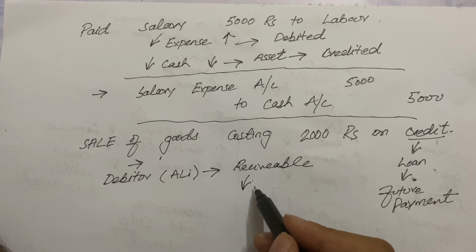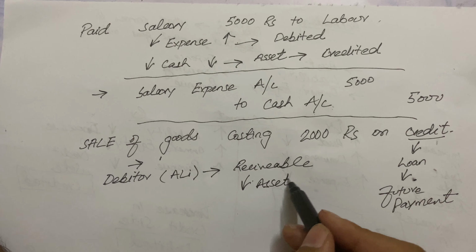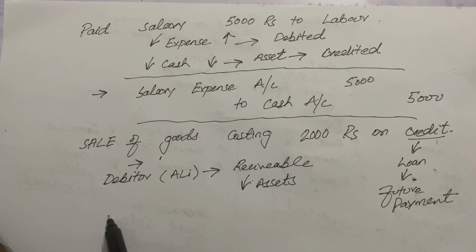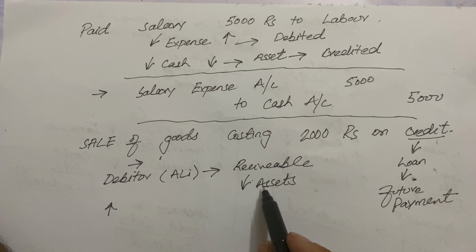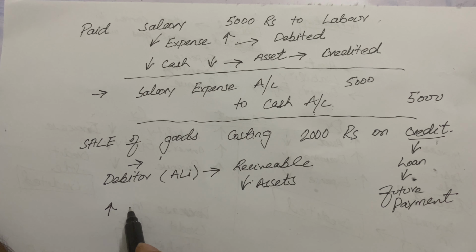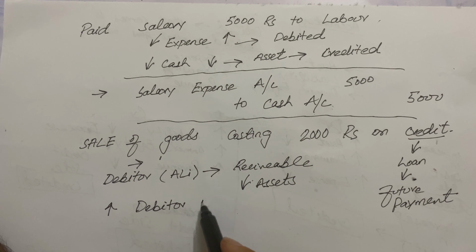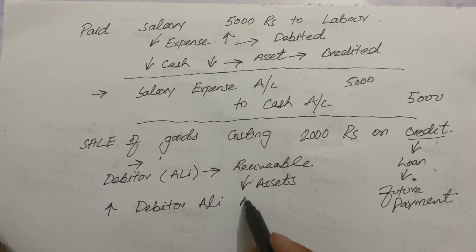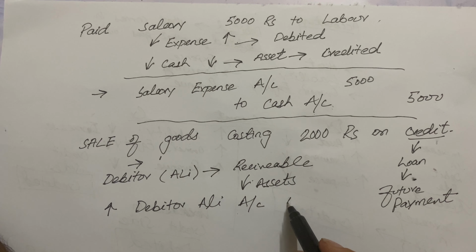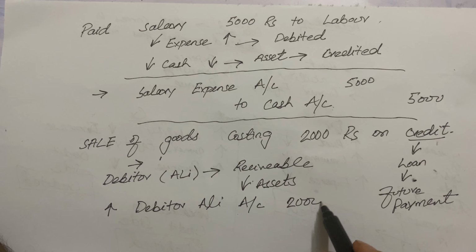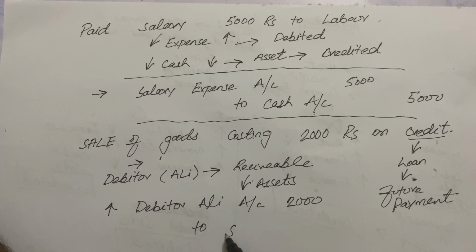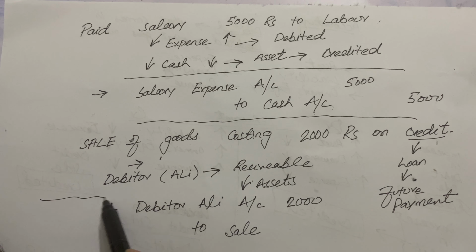And receivables are assets. There is an increase in receivables, which means an increase in asset. So whenever there is an increase, debtor Ali account 2,000 rupees to sale.